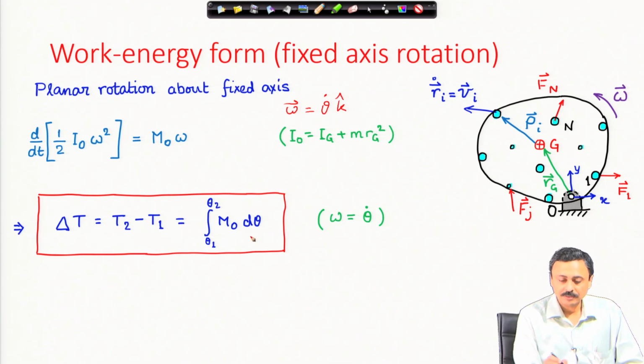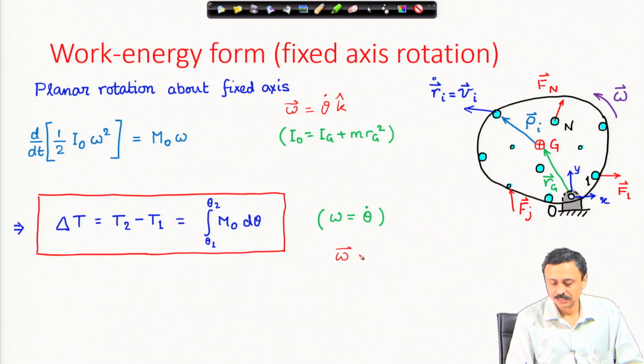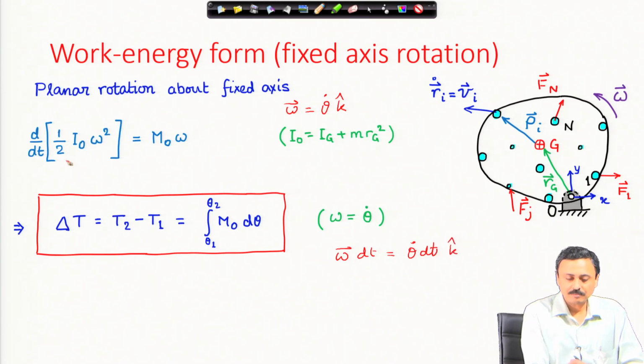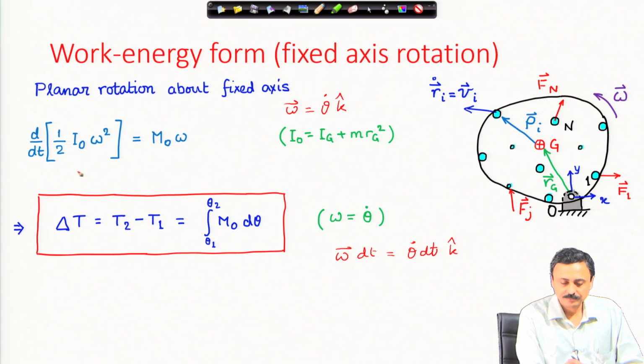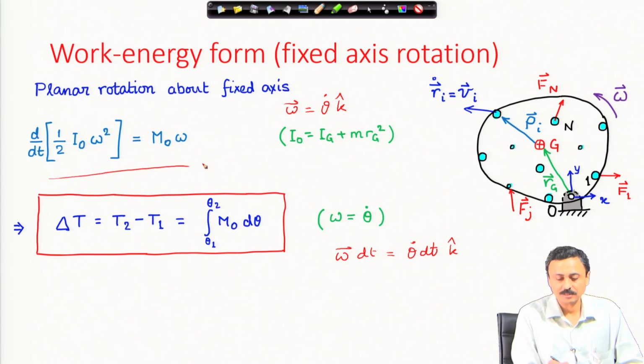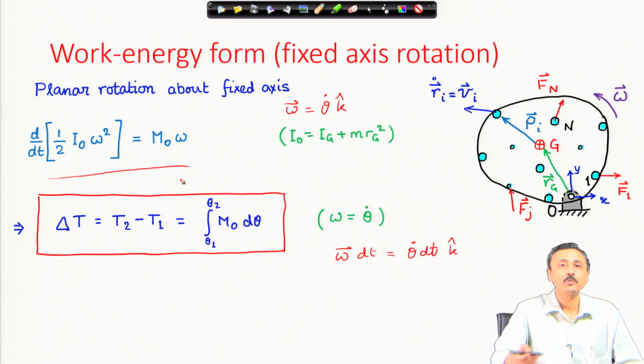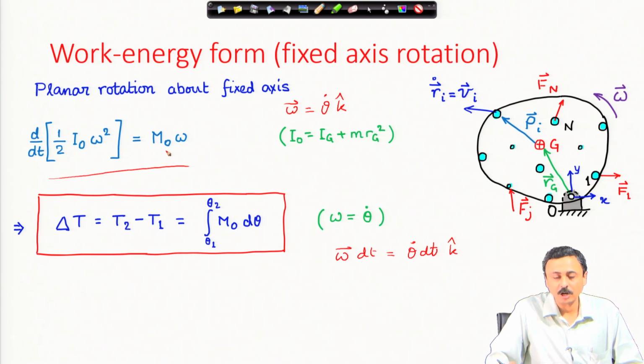Therefore, this d omega vector dt turns out to be theta double dot k cap, and everything is in the k cap direction. Actually, everything here is a scalar. Finally, it has reduced to a scalar because I have taken a dot product, because this moment is also in the k cap direction.